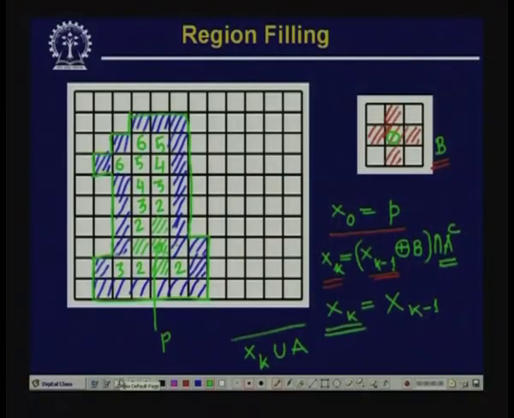So, let us see how this connected component extraction can be done.